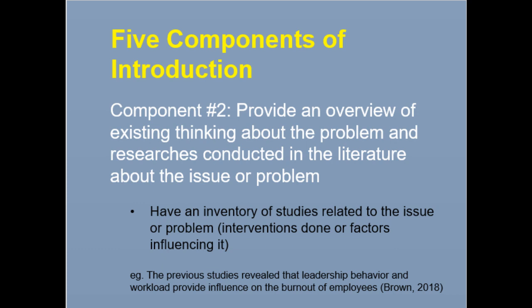Based from the inventory, you can find interventions conducted about the problem and factors that influence the problem or the dependent variable. In this case, you can determine what was previously done in the literature. Like for example, the previous studies revealed that leadership behavior and workloads provide influence on the burnout of employees. So this is a study conducted by Brown 2018.